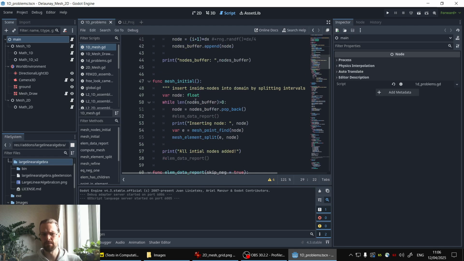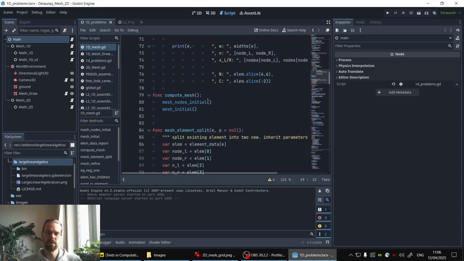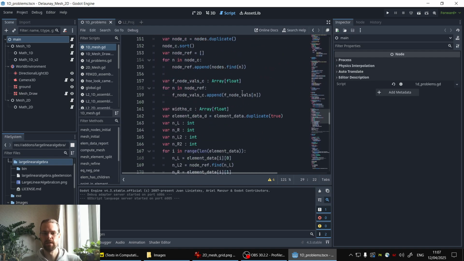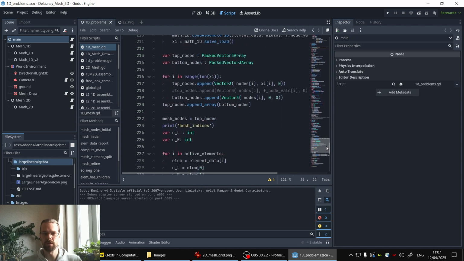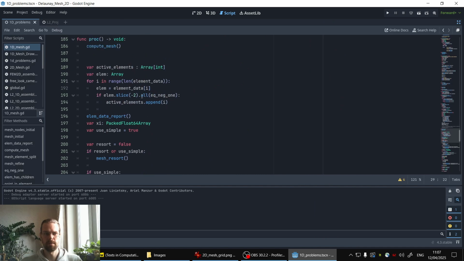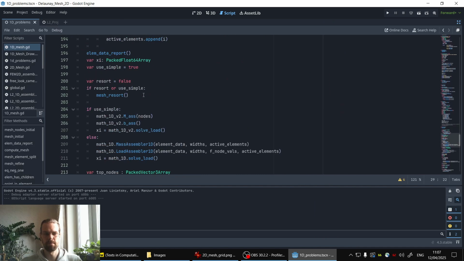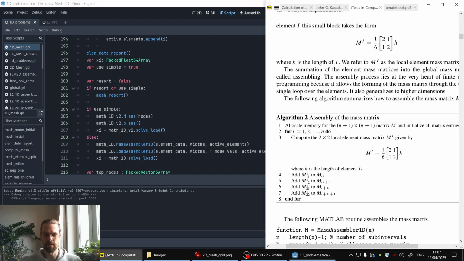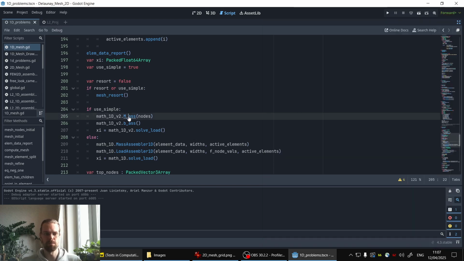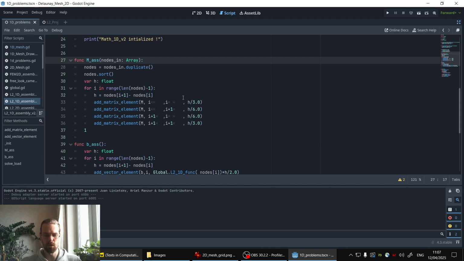Okay, we will discuss more advanced mesh creation later. But generally, what we should be concerned about is that we will have some kind of mathematical operations that just generate these entries. For example, for matrix M, this is the procedure, and I just replicated it in Godot.